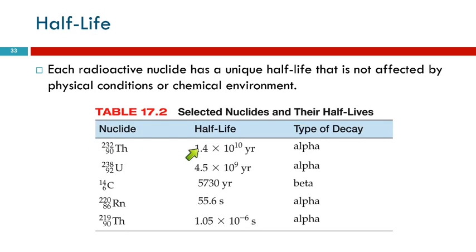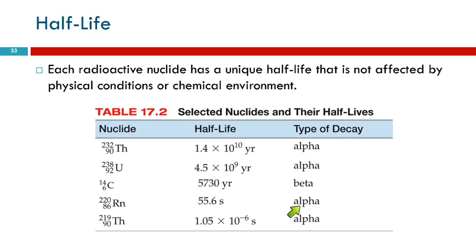Just as an example, I would not expect you to memorize these. Thorium-232, we've talked about that. 14 billion year half-life, that decays by alpha decay. Uranium-238, also a very long half-life, also alpha decay. Carbon-14 is beta decay, has a half-life of 5,730 years. We'll talk about that one in a minute. Here's radon, 55.6 seconds, about a minute.